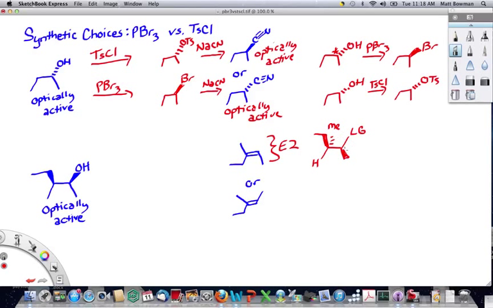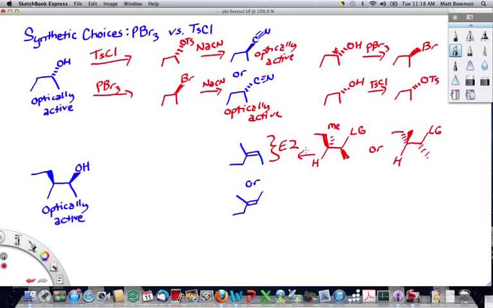So either this diastereomer, or its enantiomer where we switch the wedges for dashes, is necessary to make this diastereomer of the alkene.